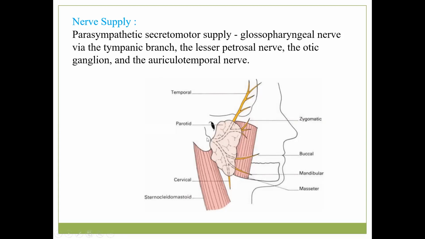In this picture, you can see how the facial nerve enters the parotid gland and how its branches divide inside the parotid gland to reach their destinations.